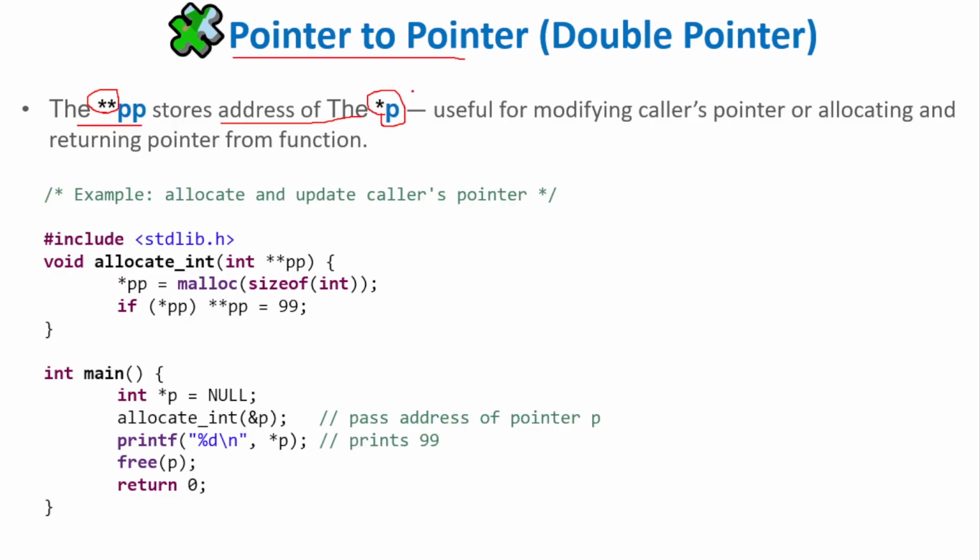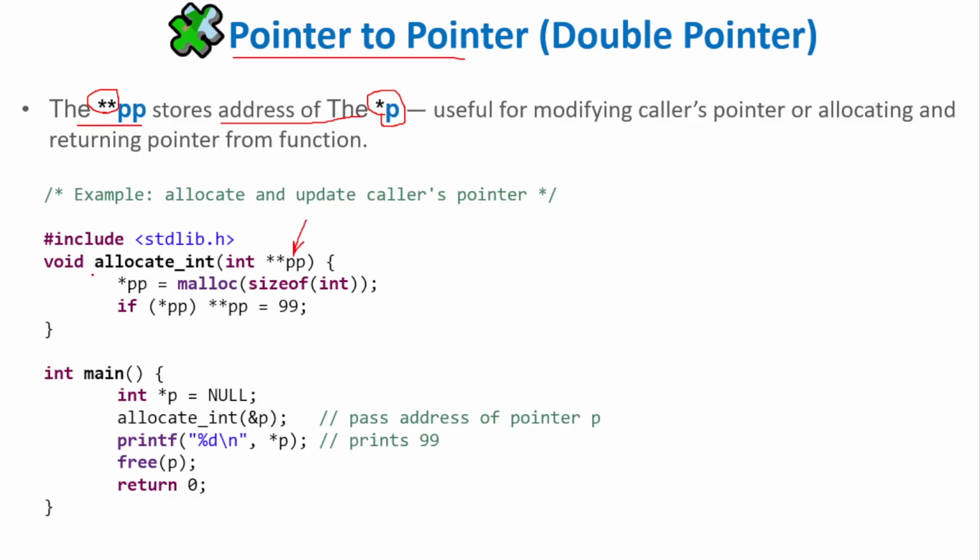This concept becomes very useful when dealing with dynamic memory allocation, multi-level data structures, and advanced function behavior. Double pointers allow us to modify not just a variable from a function, but the pointer that points to that variable.